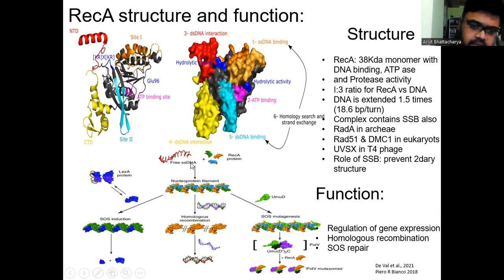Then RecA can, of course, bind a single-stranded DNA, and thereafter it can form a complex with a double-stranded DNA, scan for homology and mediate homologous recombination. So it's a second function, and also RecA can induce SOS mutagenesis by allowing UmuD, actually, which is forming polymerase V, to replicate in a damaged DNA, and thereby inducing a huge number of mutations.